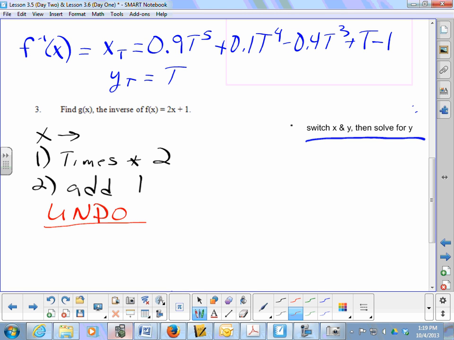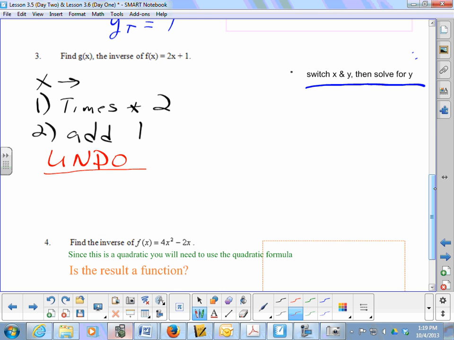So if you're going to undo that, you take off your shoes and then your socks. If we're going to undo what we just did, we have to work backwards. So the first thing we do is subtract 1 and then divide by 2.